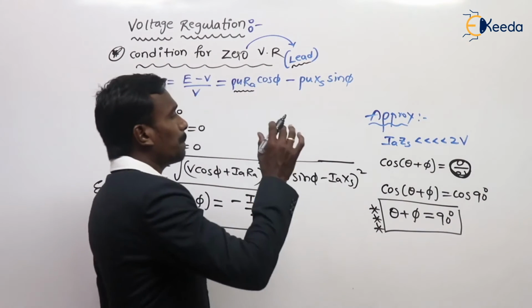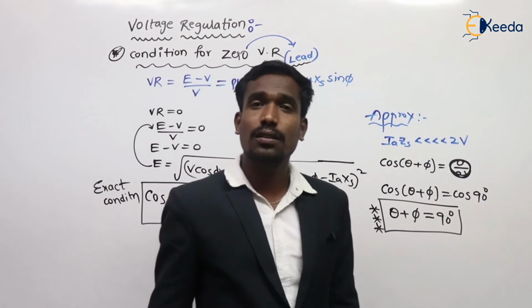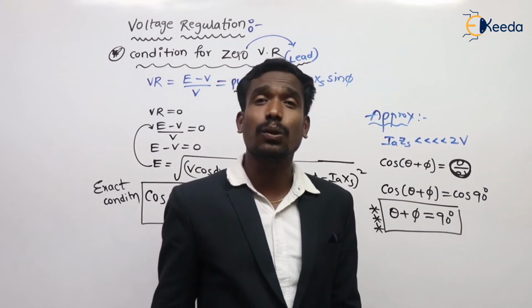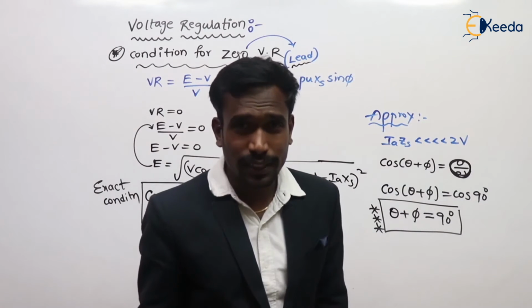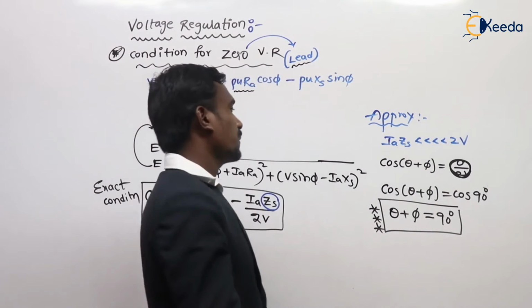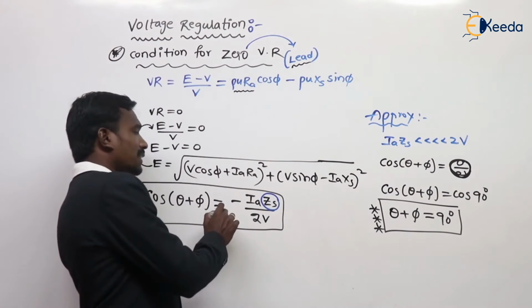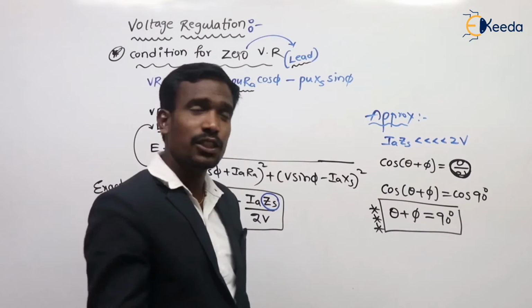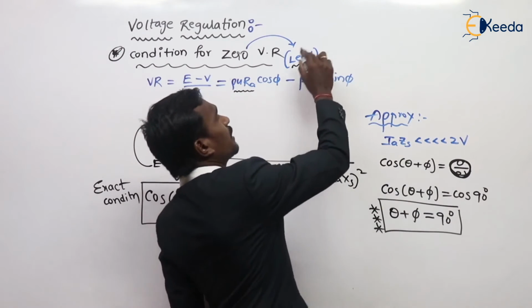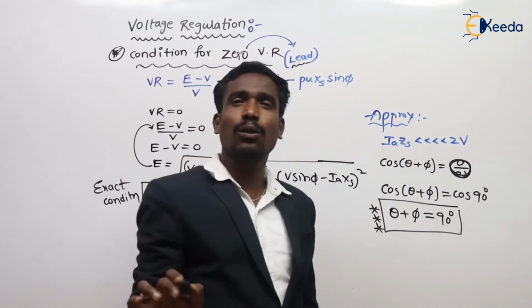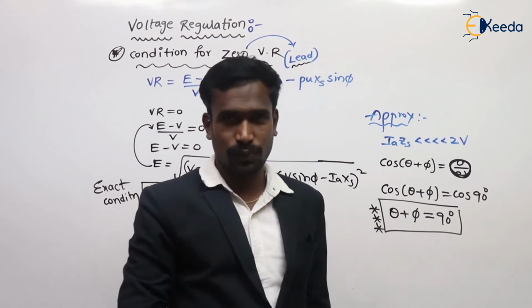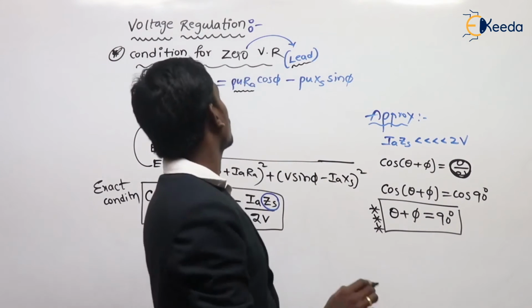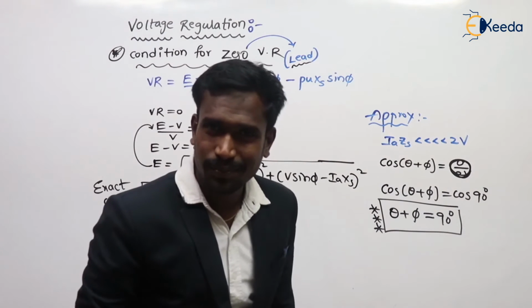This is the approximate condition for zero voltage regulation. Is it okay? Right. So here this is the exact condition and this is the approximate condition, and the zero voltage regulation occurs in leading load. These are the things you have to remember in this video: the condition for zero voltage regulation.